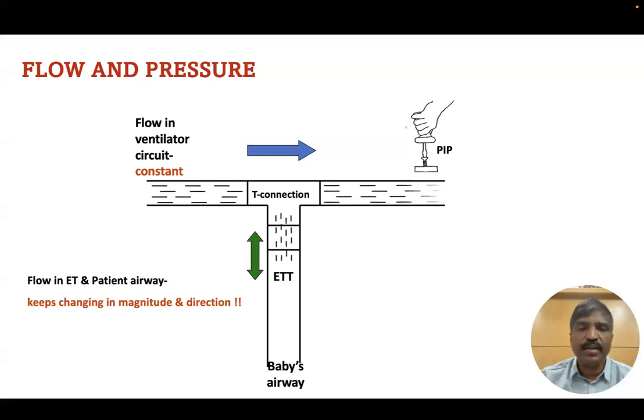For PEEP, you give minimal obstruction, and for PAP, you keep on increasing the obstruction, but the gas flow in the circuit is constant. When you obstruct the gas flow, you get pressure in the circuit, and that will help in flowing of gases into the patient's lungs.